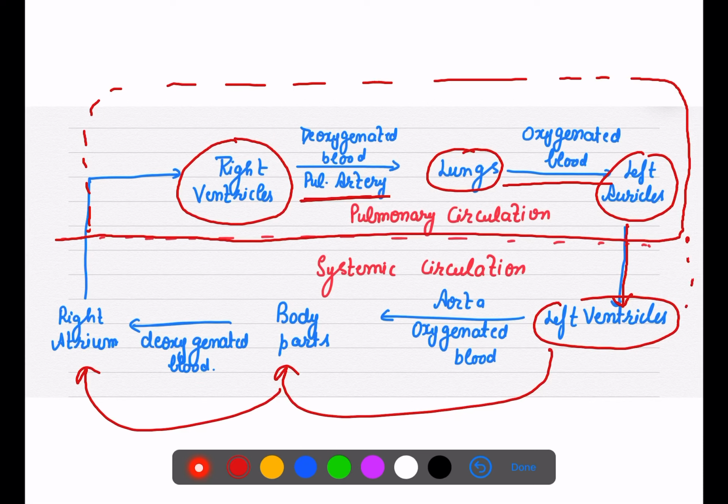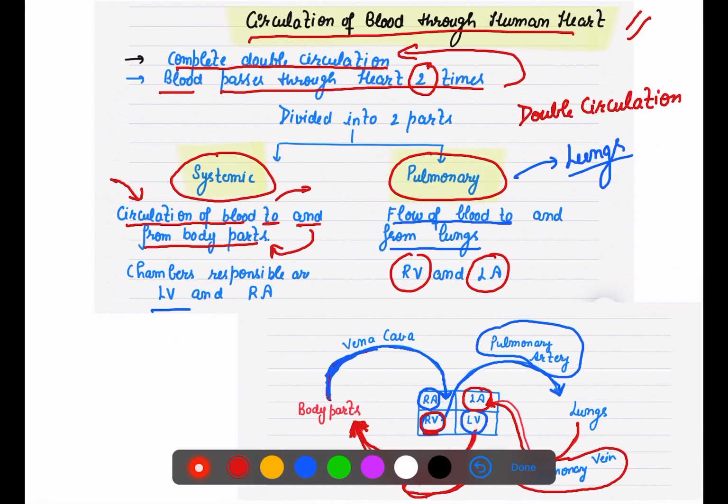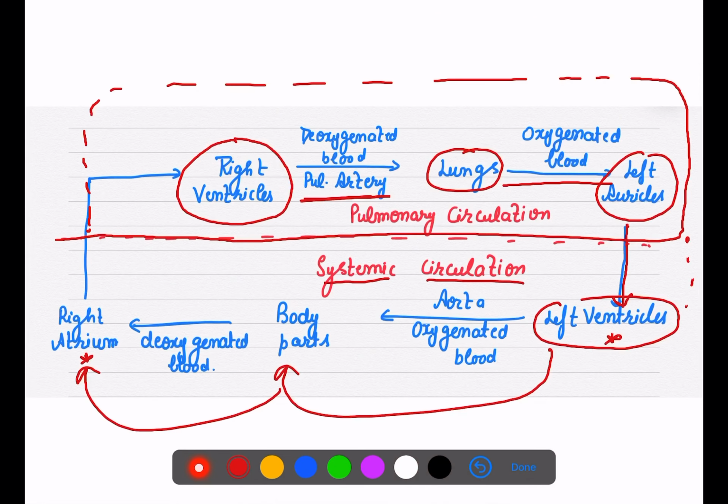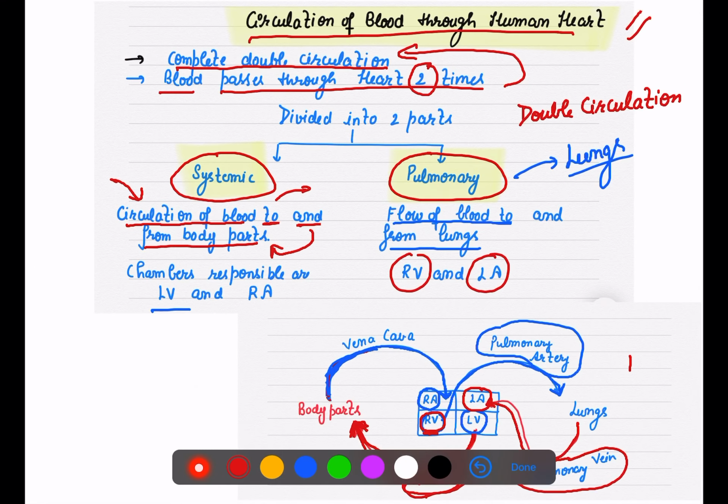And the lower part, which includes your left ventricle and your right atrium, is our systemic circulation. You can show it with both diagrams. You can draw this diagram in the exam also, or show this flow chart, whichever is feasible according to your time. So this is about the two circulations in our heart: one is systemic circulation and one is pulmonary circulation.